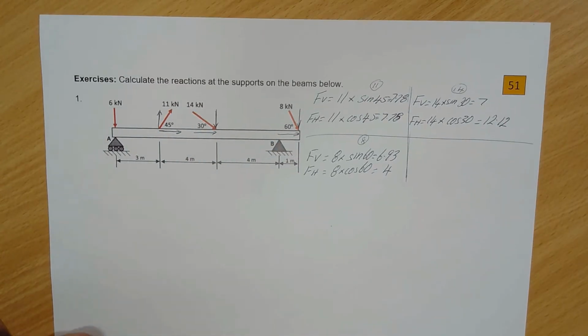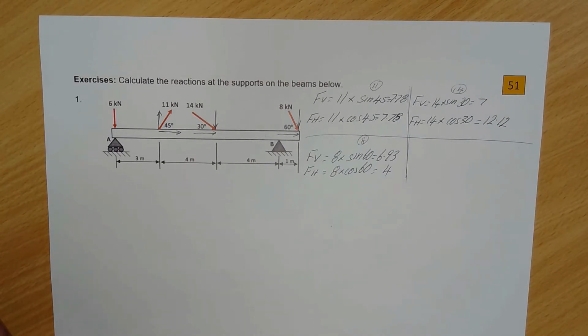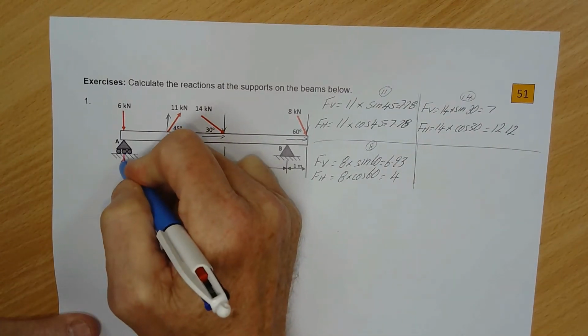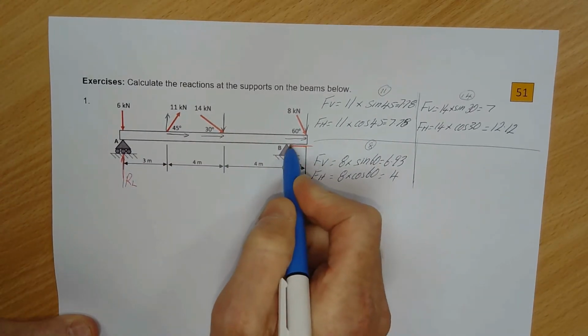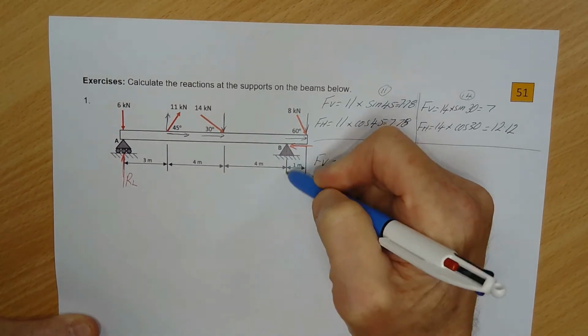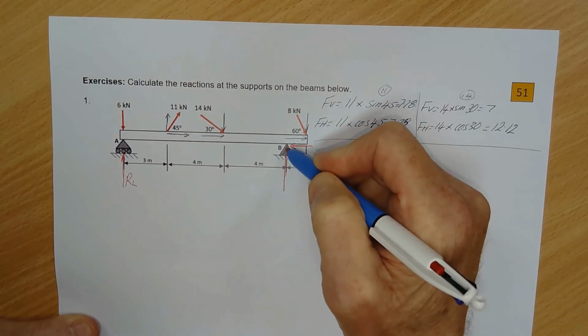So now, like all of our simply supported beams, the first step we need to do is solve the moments about the right hand support. That will give us the reaction at A. I always like to get the reaction at the roller support, as I know that it's going to be a vertical reaction. Don't forget, boys, that we do have our reactions: RL, and here we have a reaction that is going to have a vertical and horizontal component at the pin joint.